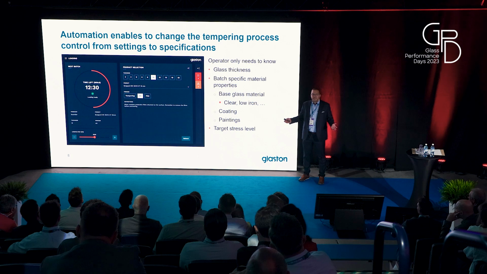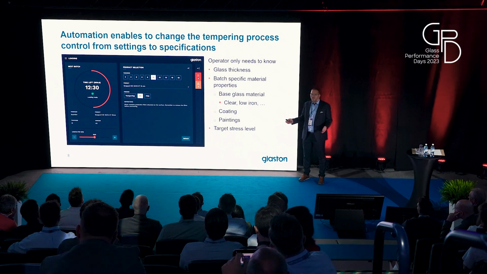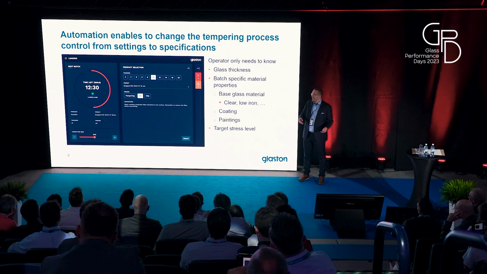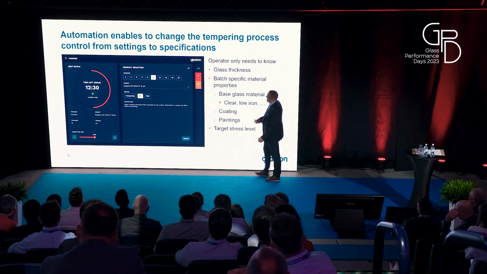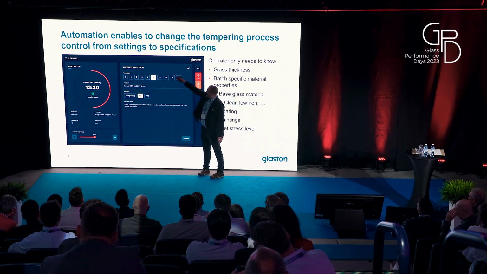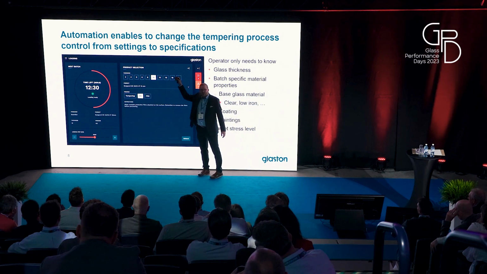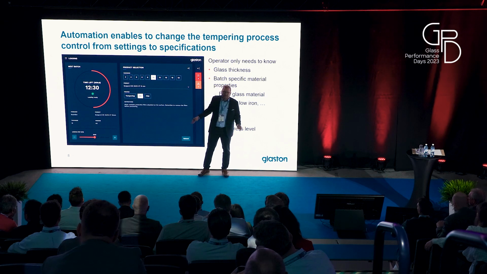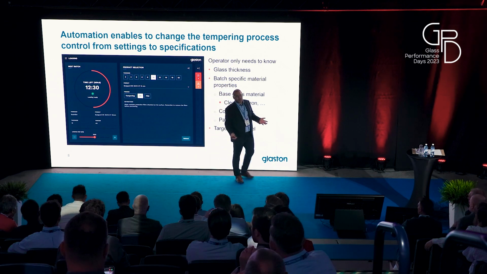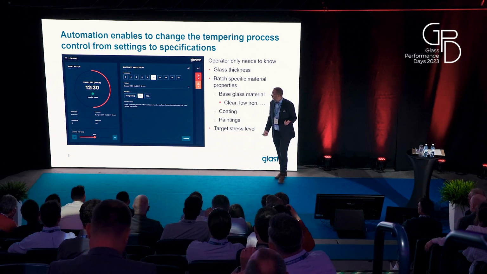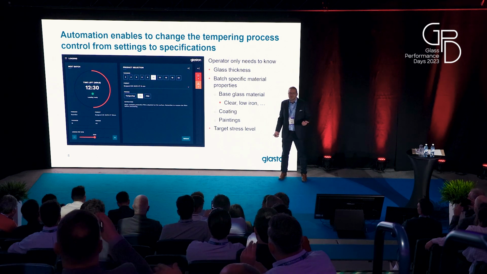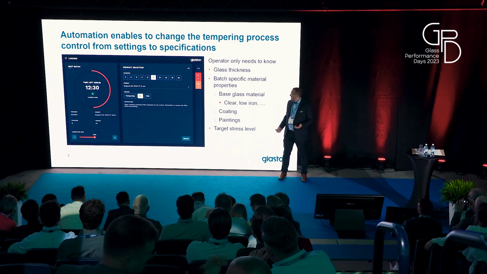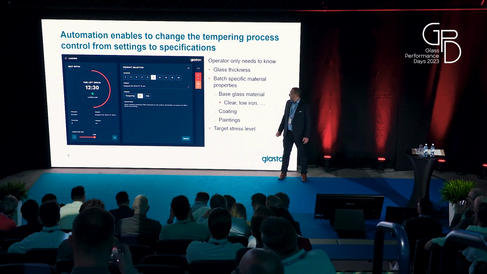And autopilot does everything for you. You just have to say what thickness glass you have, what kind of coatings you have, and what the main result is that you want to get. Do you want to get tempered glass, heat strengthened glass, or something else.